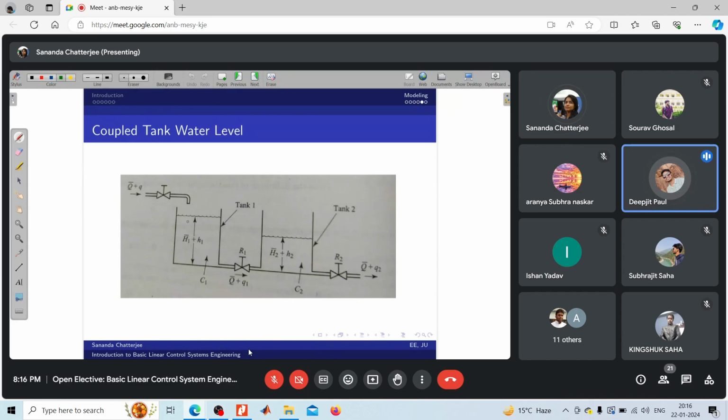And so this coupled tank has a practical implementation in water distribution in cities also. Tank 1 is the storage tank, where the supplier actually stores the water, and then this H2 is the local tank from where we get our water flow.